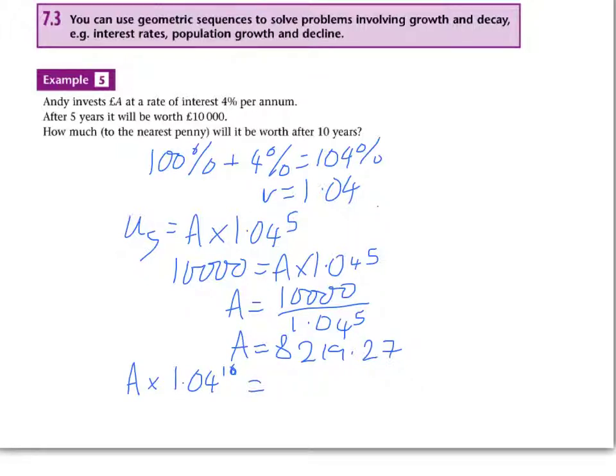So we're going to have answer times 1.04 raised to the power of 10, which will give us £12,166. Again, remembering we're rounding to the nearest penny, I've got 0.52902. In this case, I'm going to leave it as 0.53. I've rounded it up. So that's what we're doing in this case.